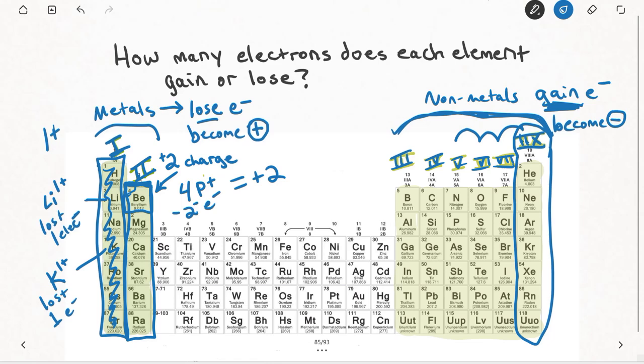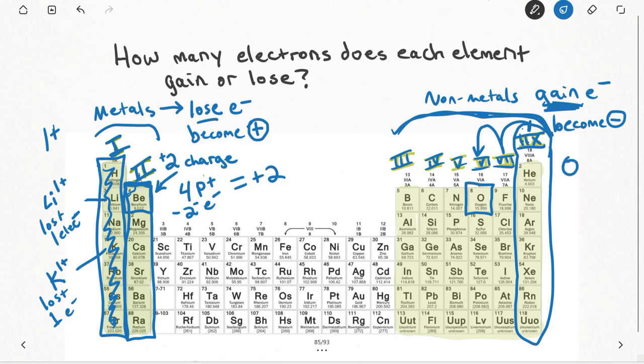So, for instance, let's think about oxygen right here. We're going to start over here at column 8, the very rightmost column, and we're going to count backwards and see how many columns it takes to get to oxygen. So 1, 2. It took us 2 columns counting backwards to get to oxygen.